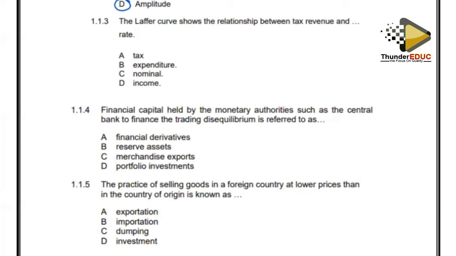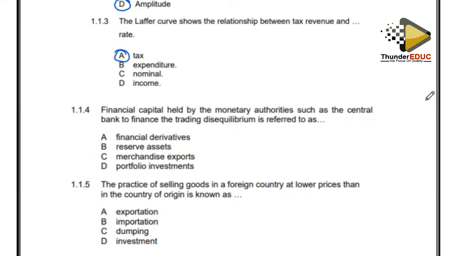If you still remember Laffer, he has an argument when it comes to tax revenues as well as tax rate. His argument is in line with tax when it comes to collection of revenues, and also the rate that should be charged. Remember, the rate we are referring to is percentages. So in this regard, the appropriate answer is definitely A.